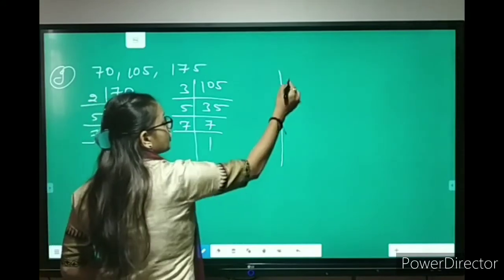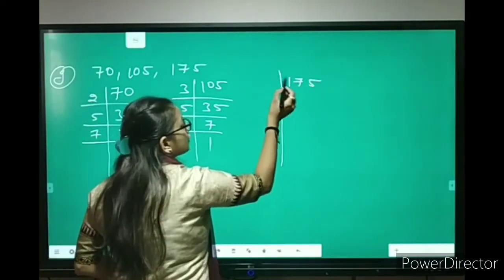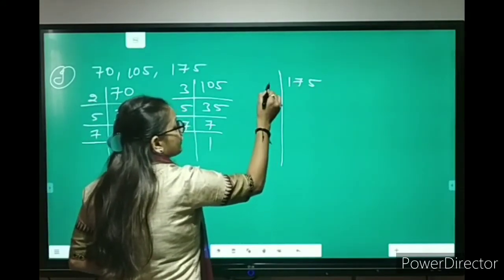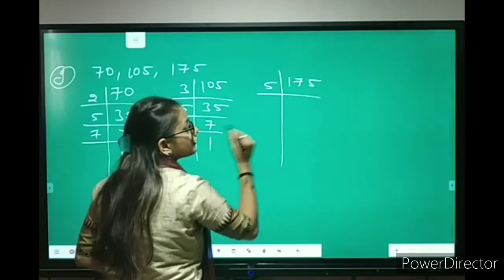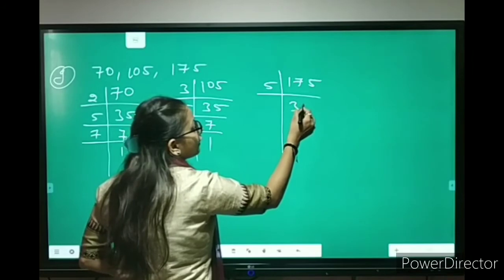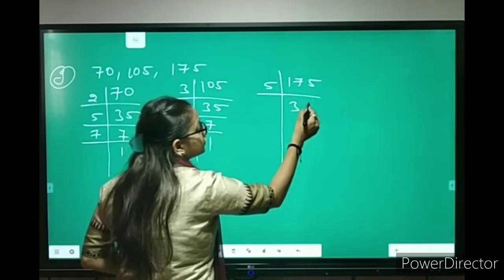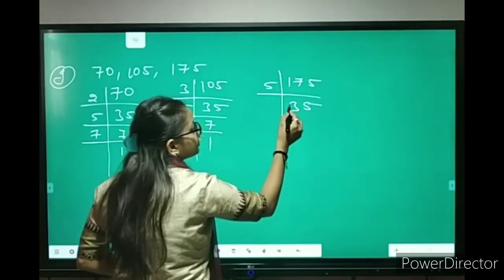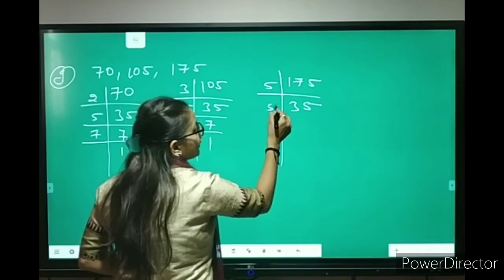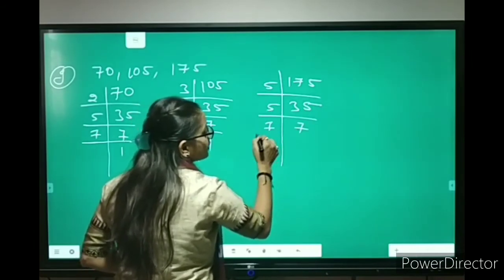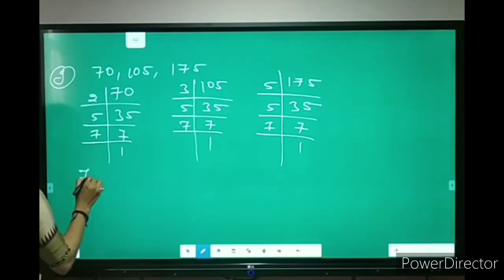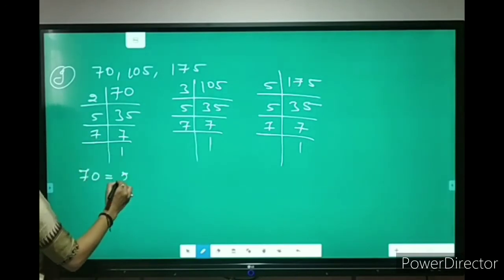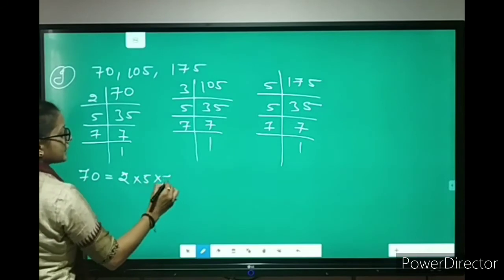Next, factors of 175, 5 fives are 25, 7 ones are 7. Factors of 70 equal 2 multiplied by 5 multiplied by 7.